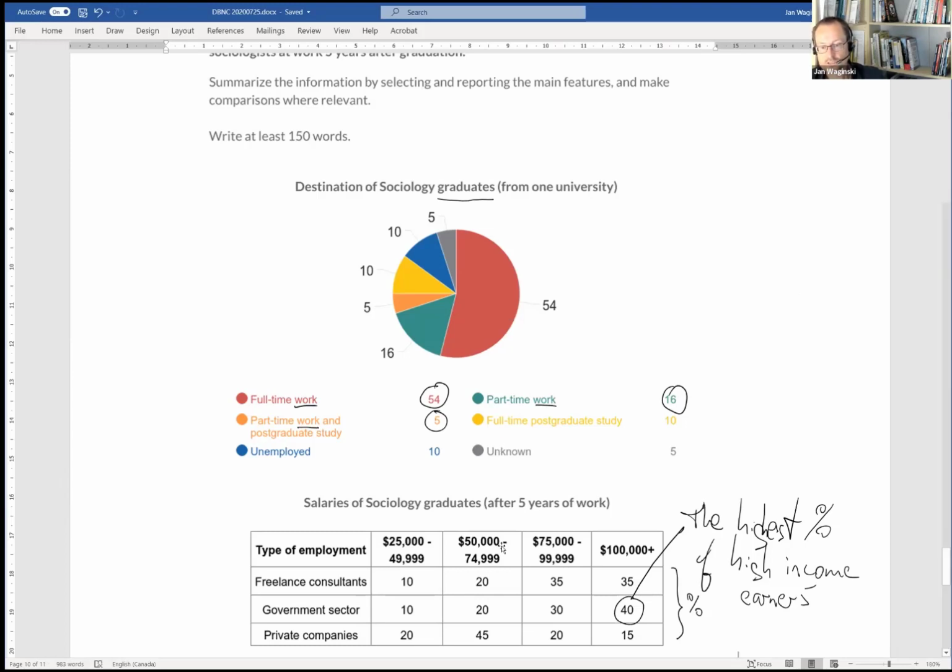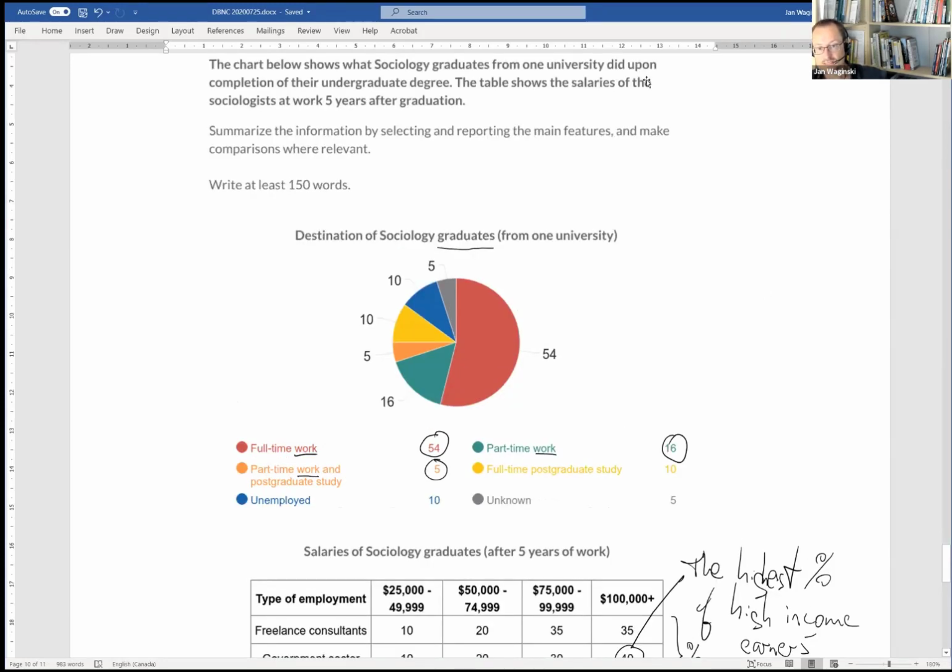Because it doesn't give a year. This is just from one university. It's in the past. It clearly says at the top what they did upon completion, not what they do. So I think we have to follow that and keep the whole thing in past simple.